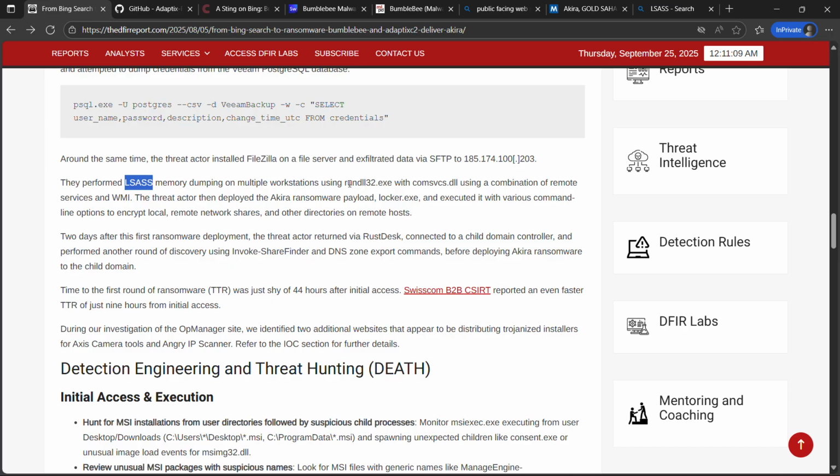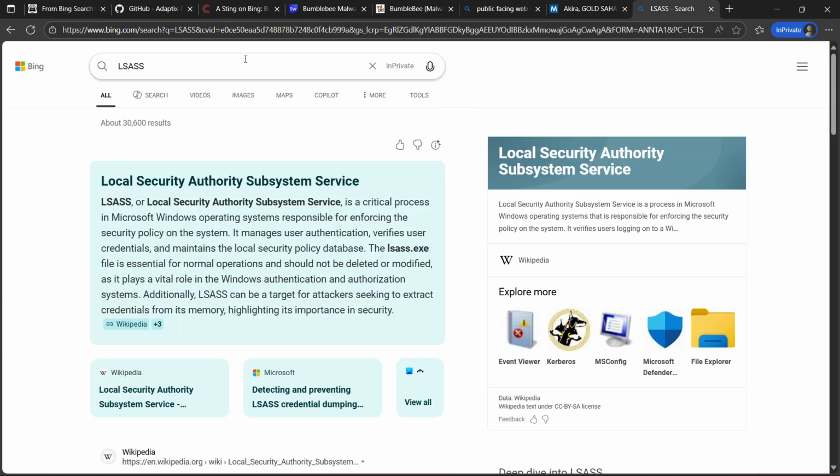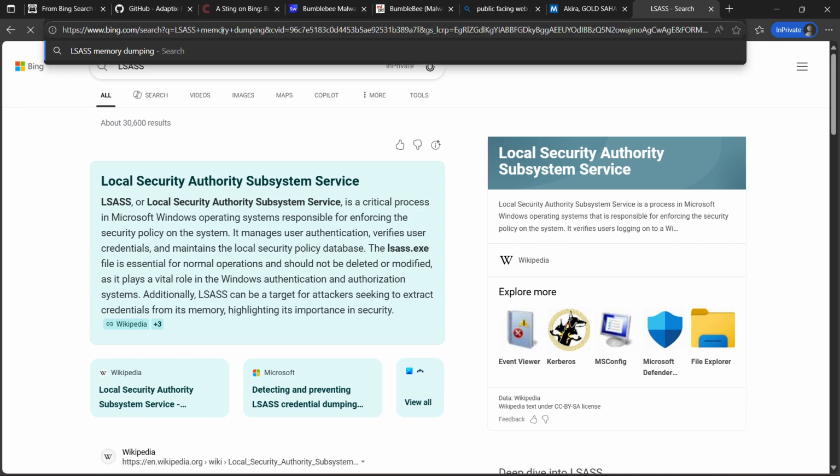Rundll32.exe with comsvcs.dll. It's a combination of remote services and WMI. LSASS memory dumping. I am having a hard time understanding.